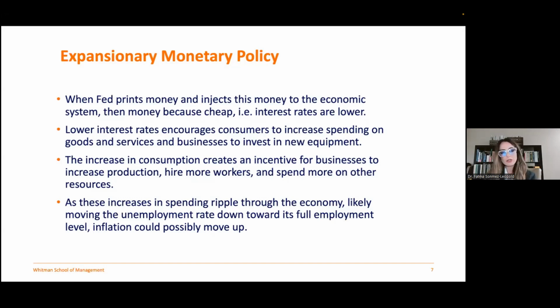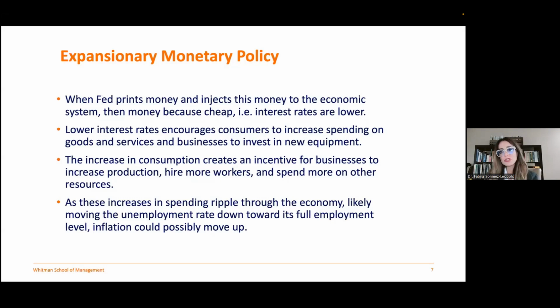It's just, you know, printed. When we talk about printing money, we talk about real cash. When the Federal Reserve Bank prints money and injects it into the economy, obviously the supply of money goes up, the money becomes cheap, so the interest rates are lower because it's the price of money.